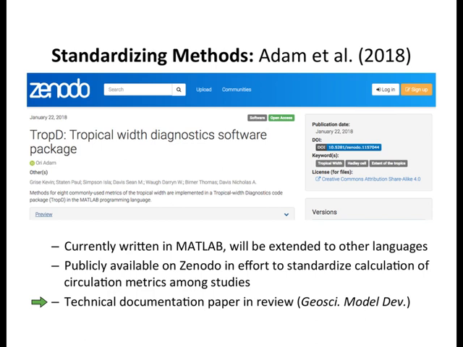And I think Ori has ERA-Interim data already, with the metrics already calculated. We're hoping that this is a good resource for the community, that people interested in studying this problem can use it. And hopefully this will help standardize some of the methodological confusion that had occurred in some previous studies.